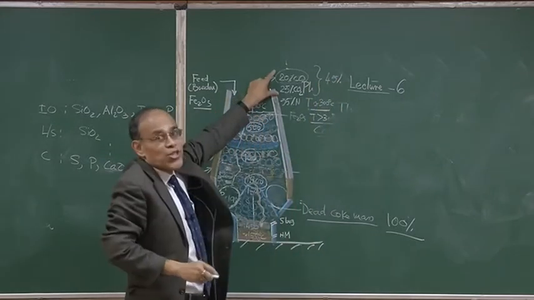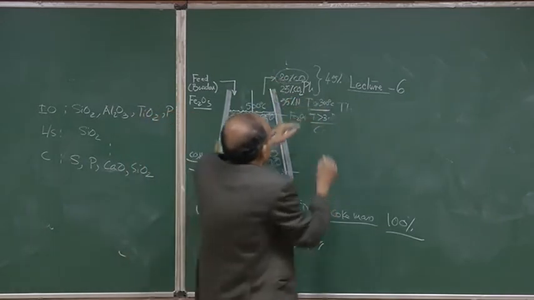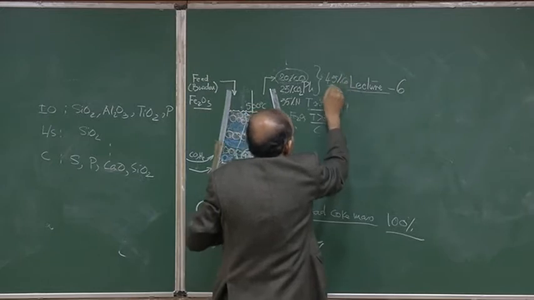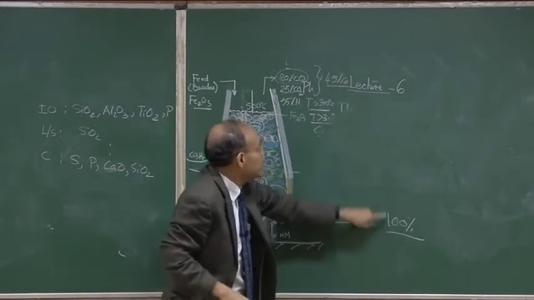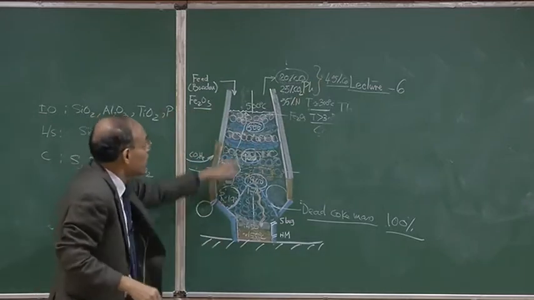So, in 45 it is 20, and in 100 it is roughly about 45% CO. There is a significant change in carbon monoxide concentration, and a significant change in temperature also.